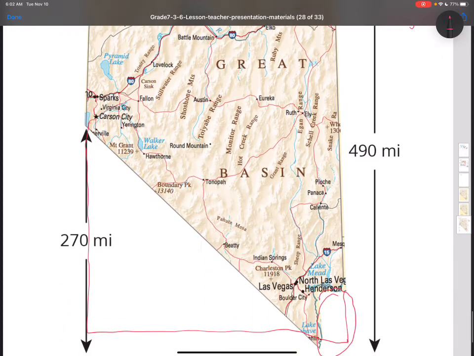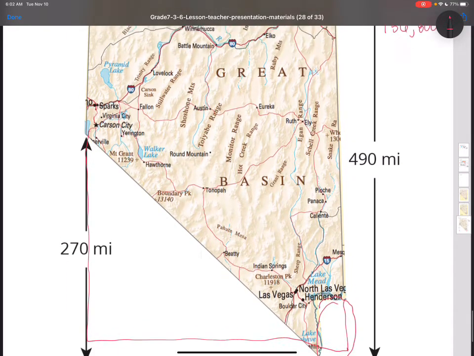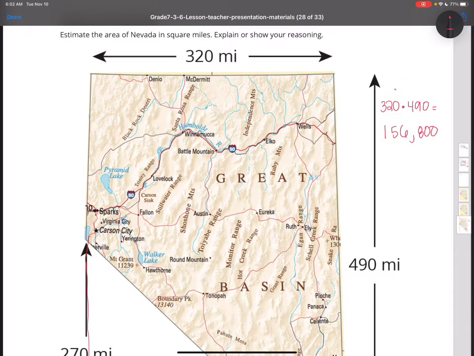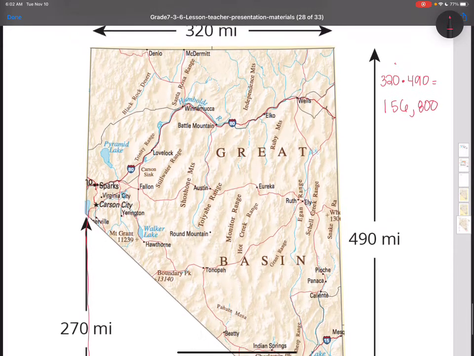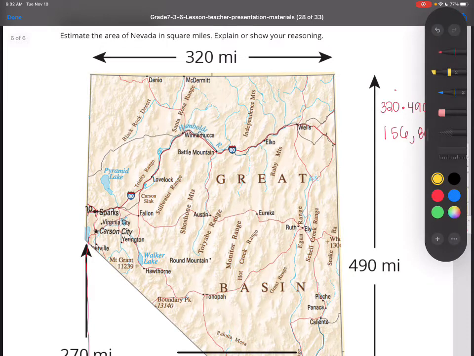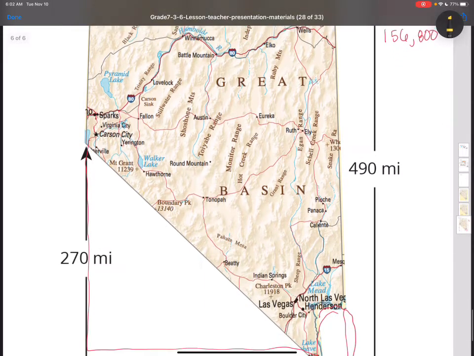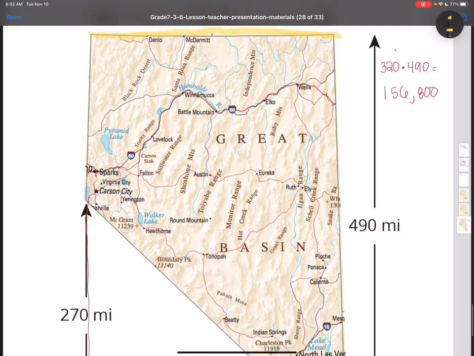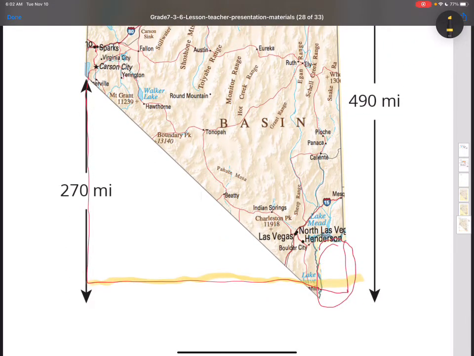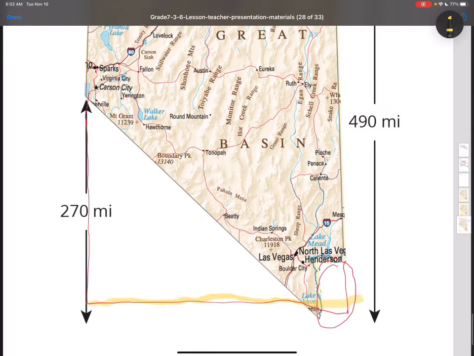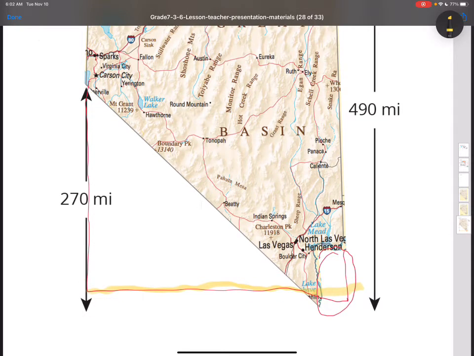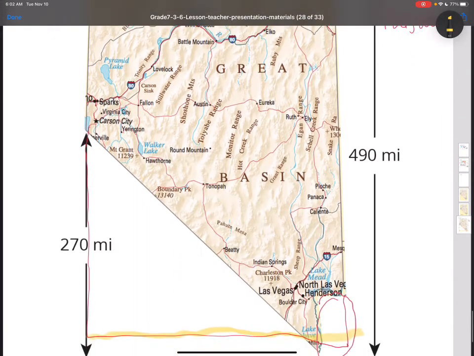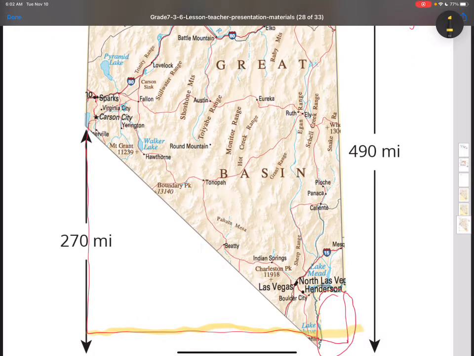But I want to find the area of this triangle. Now, if this side is 320 miles right here, then this side will be about 320 miles. Before you say that it goes down and still has a missing piece right here, we're still going to use that number 320 in order to find the area of this triangle.